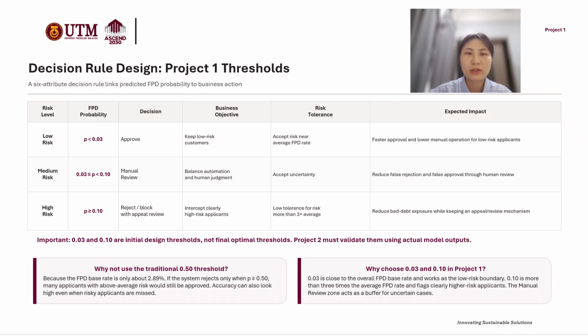The low risk group is approved, the middle risk group goes to manual review, and the high risk group may be rejected or blocked with peer review. The key point is that these thresholds were only initial designed thresholds, not final optimal thresholds. So Project 2 needed to validate them using actual model outputs.